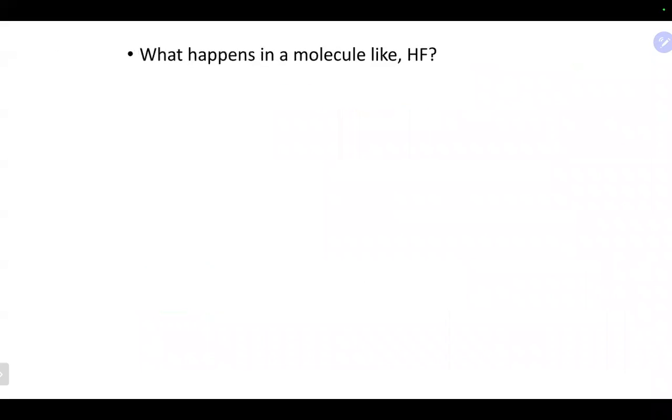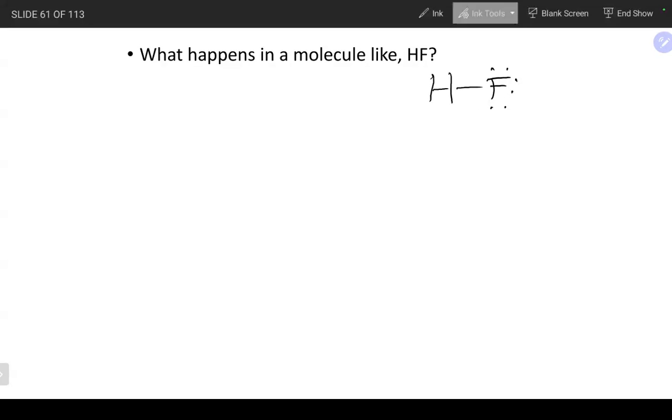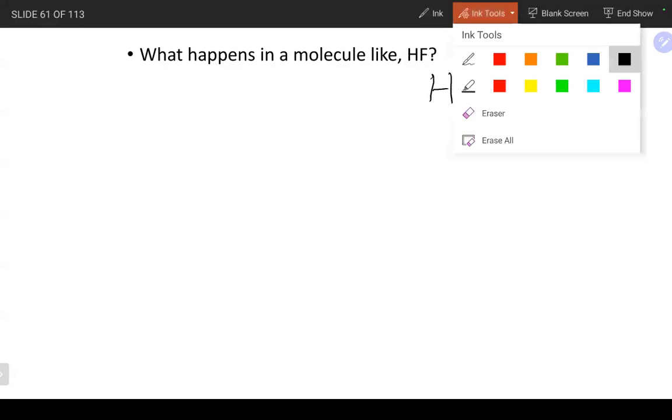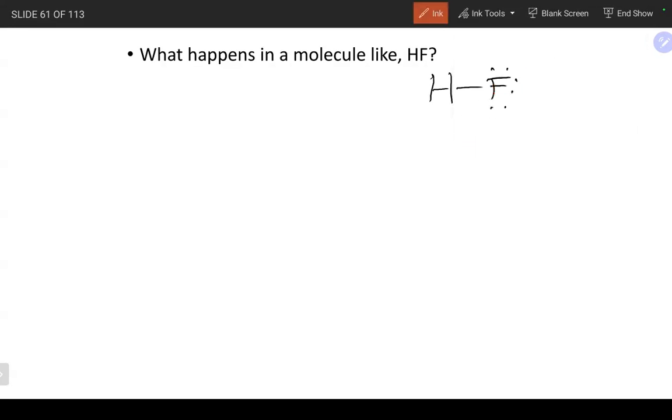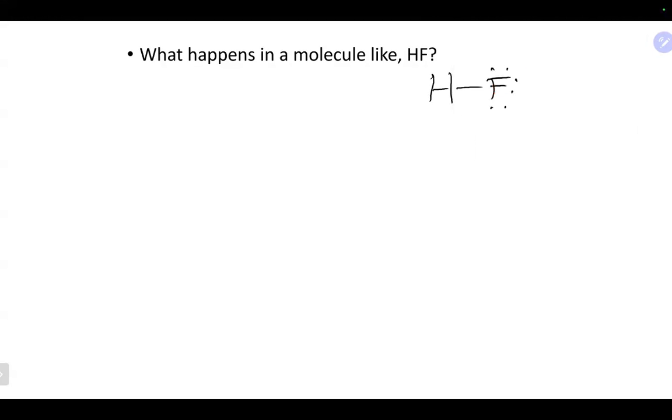Now, what happens if we swap out one of the hydrogens for a fluorine? When we now put our hydrogen and fluorine together, between hydrogen and fluorine, which one is more electronegative? It is fluorine, since it is the most electronegative element we could have. So what that means is the fluorine is going to go, I would like the electrons, thank you very much.